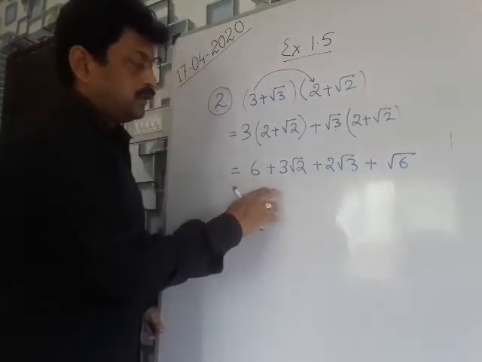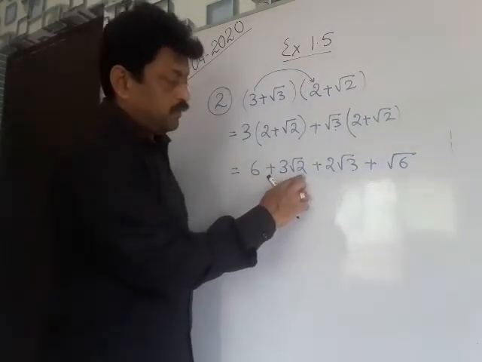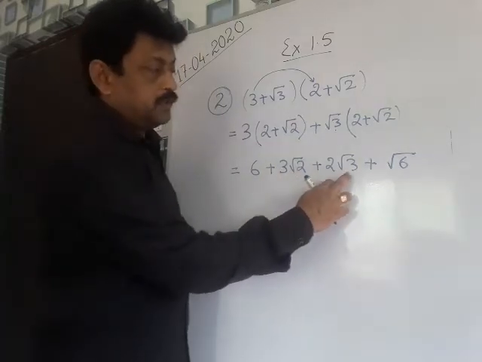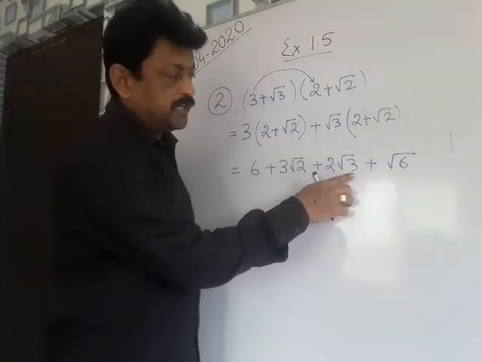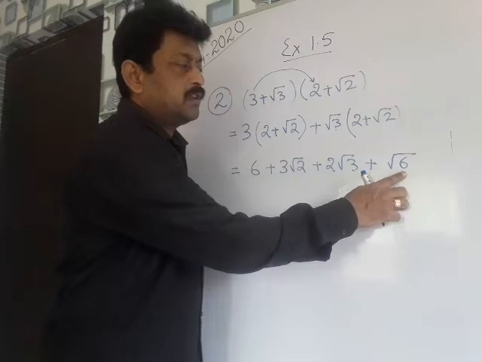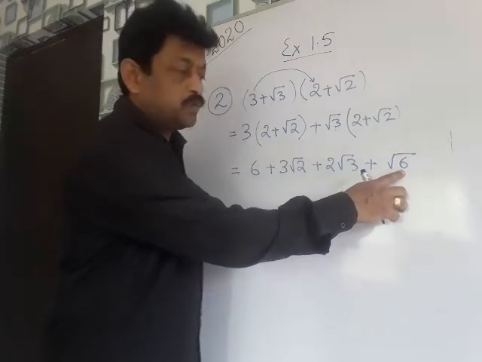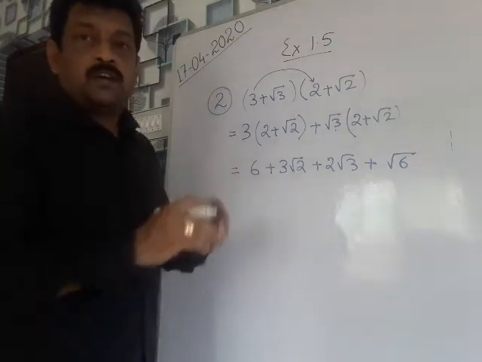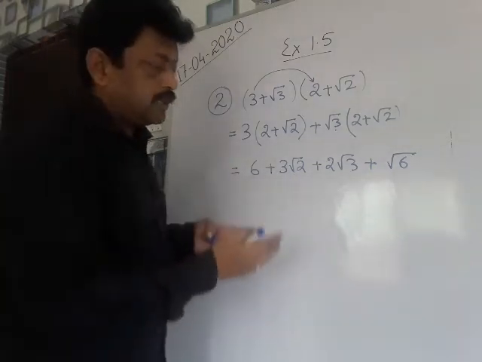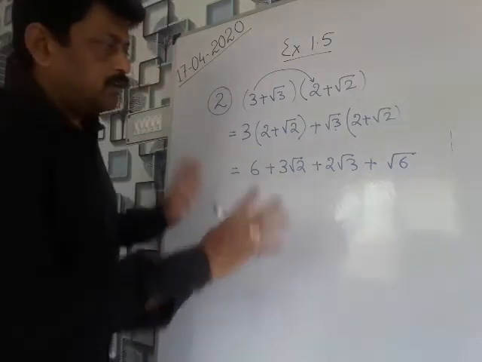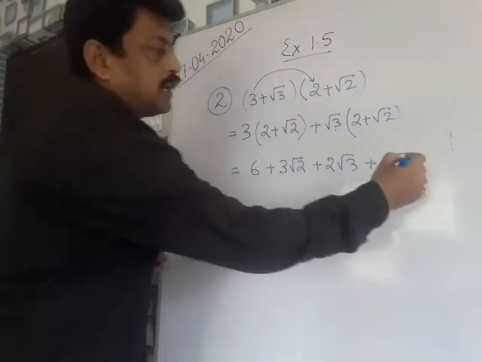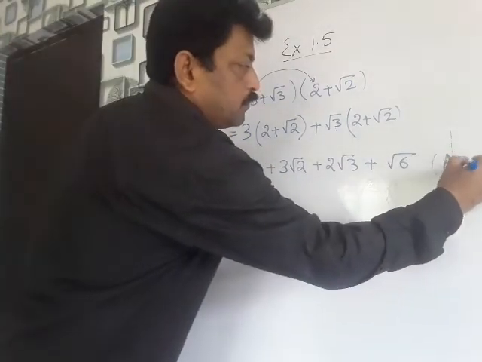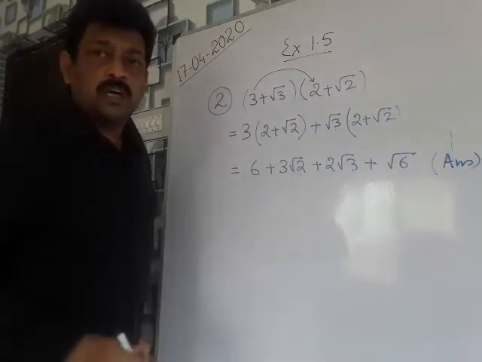This is rational, this is irrational, with irrational part root 2. This is irrational, with irrational part root 3. This is irrational, irrational part is root 6. So these three are unlike terms, so they can neither be added nor subtracted. So this is the answer. We cannot add or subtract the unlike terms.